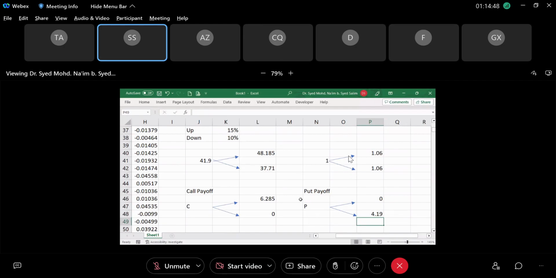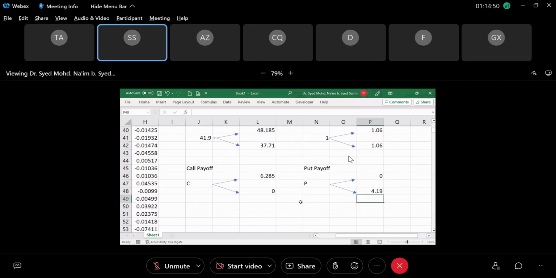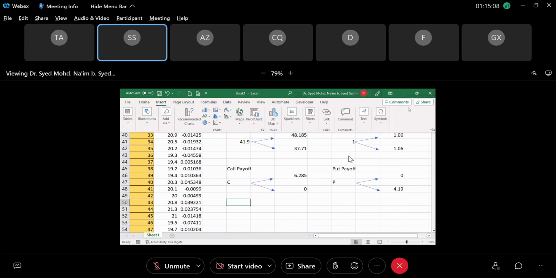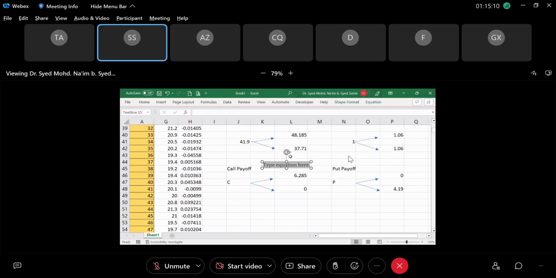So we can replicate both of them in matrix form. Or we can write the equation first. Yeah, write the equation again. So to understand, we write the equation.